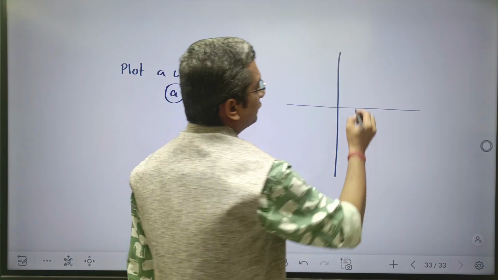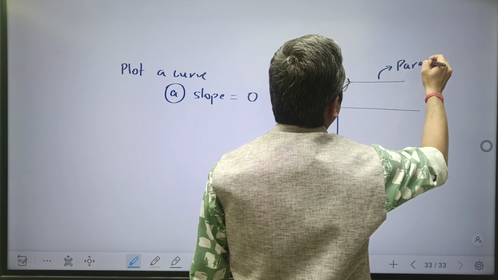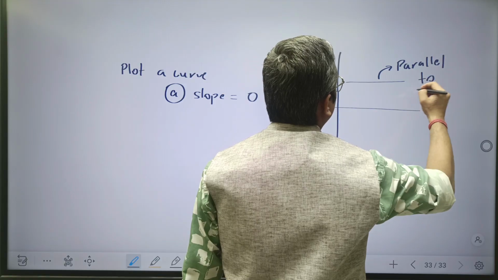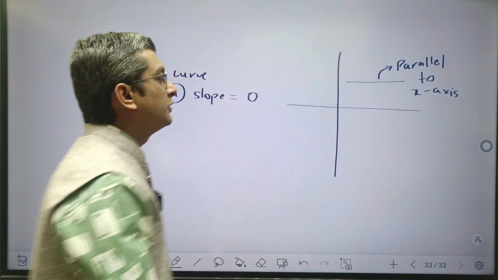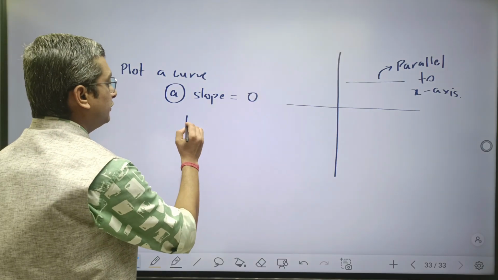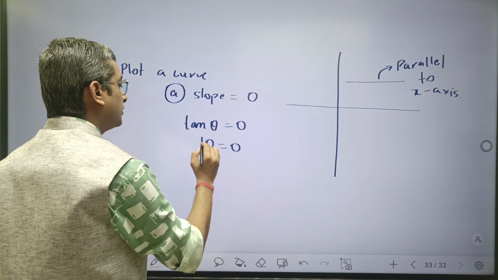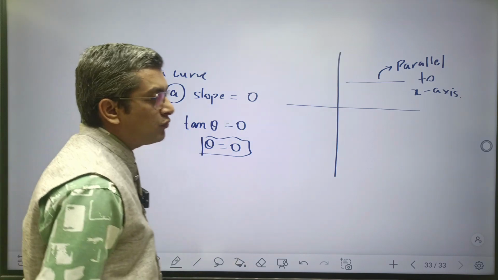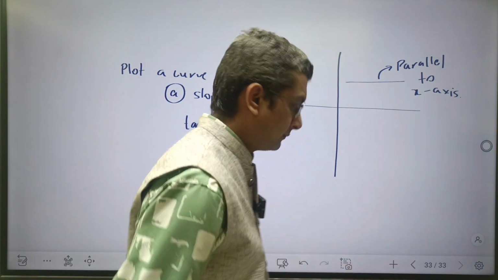Any curve which is parallel to x-axis, its slope is 0. Why? Because slope is tan theta. Tan theta is equal to 0. It means that theta is equal to 0. And how do we take theta here? We take theta from the line parallel to x-axis.